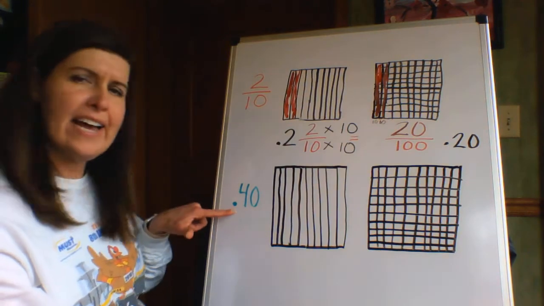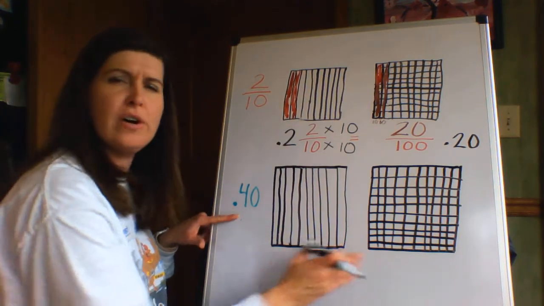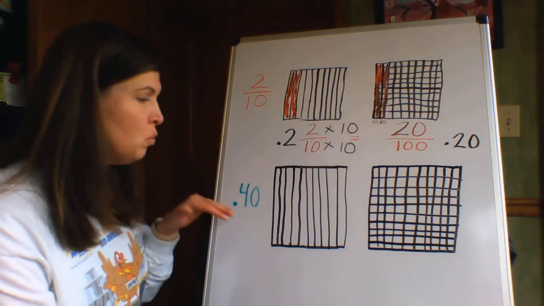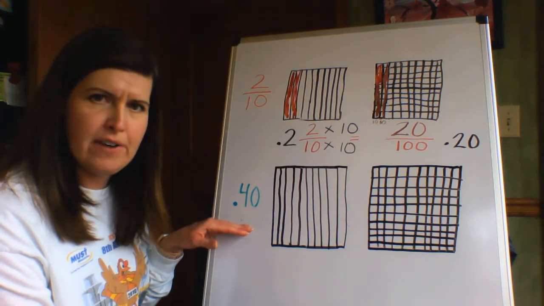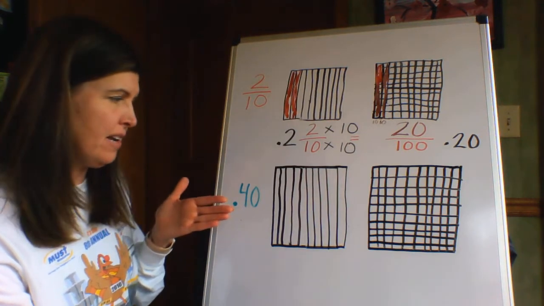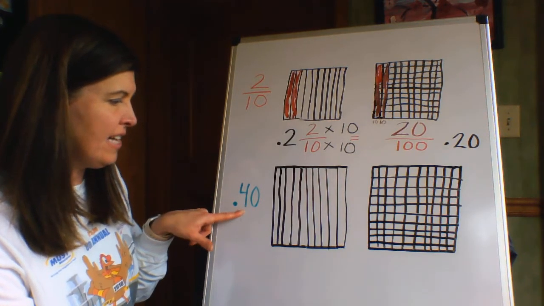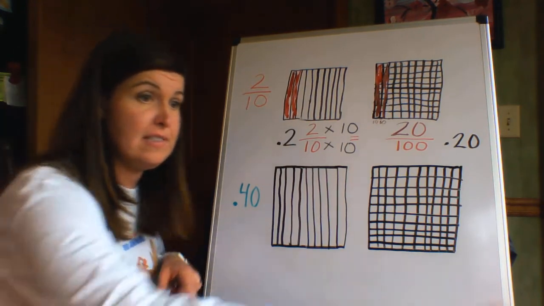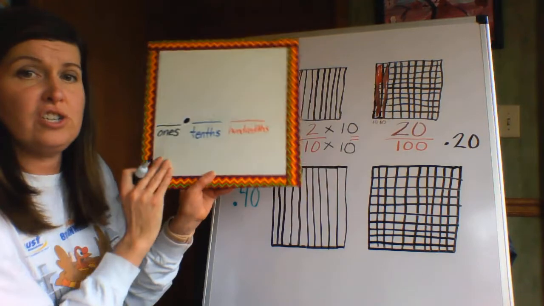How about if I just had a decimal and I had to draw that as a model? The first thing we do, just like we did in class, is write this as a fraction and say it out loud. That's going to tell us what to write. We're going to say that's 40 hundredths. Think about it in this chart.